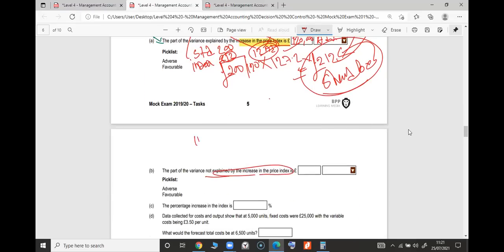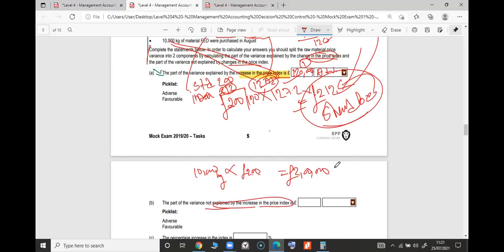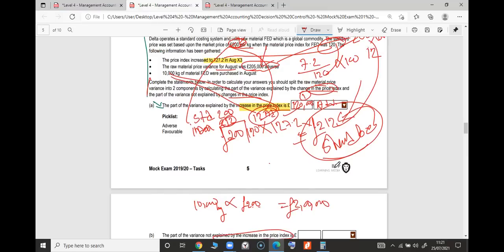According to our budget, 10,000 units, sorry, not units, kg, should cost 2 million, isn't it? 10,000, 100,000, then million. So 2 million it should cost you. How much did it cost you? Tell me how much it did cost you. 2 million should cost, and 205 adverse. 205 adverse.